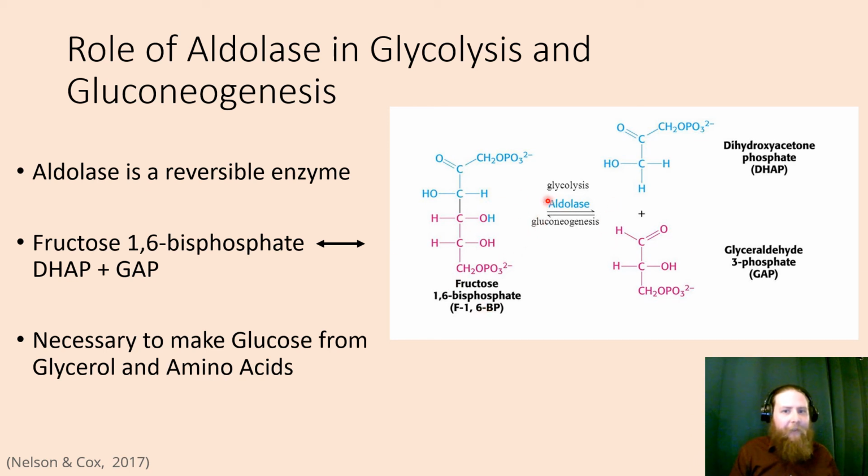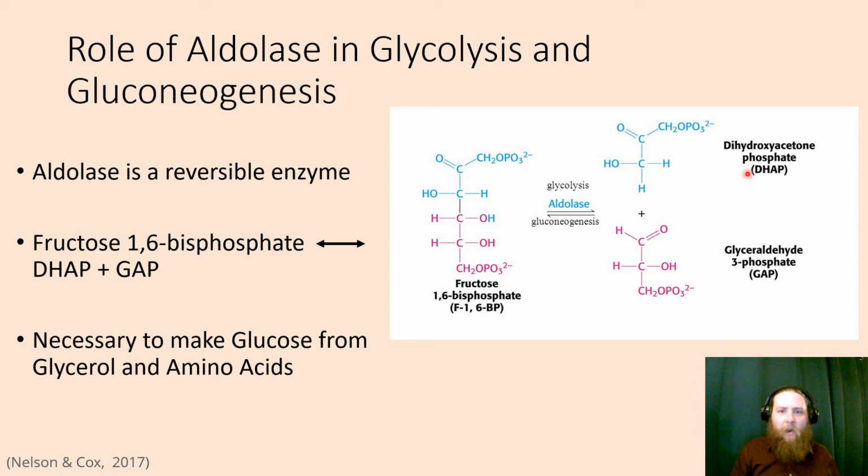And using aldolase, we can either, in glycolysis, cleave this into these 2 molecules, or using gluconeogenesis, we can take these 2 molecules, mash them together, and put them back together to form this fructose 1,6-bisphosphate. So it's reversible. So this is necessary, and this is very useful, because if you remember, we have that glycerol and those amino acids that are making this DHAP.